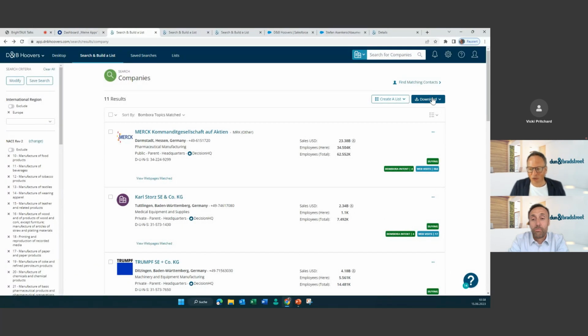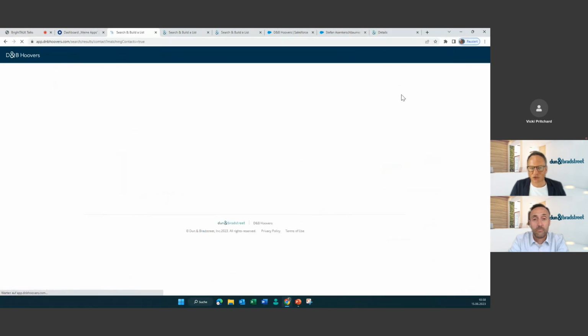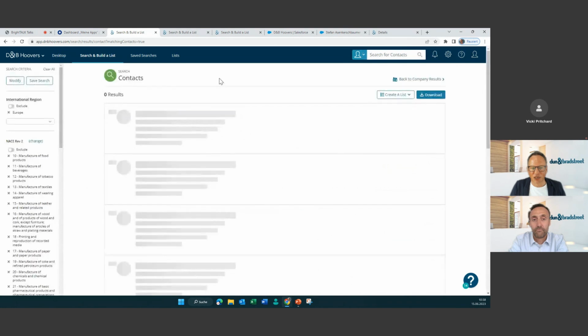Now I could download those data, but we were talking about contacts. So let's see how many of those contacts we can find. And so you just click on the matching contacts.